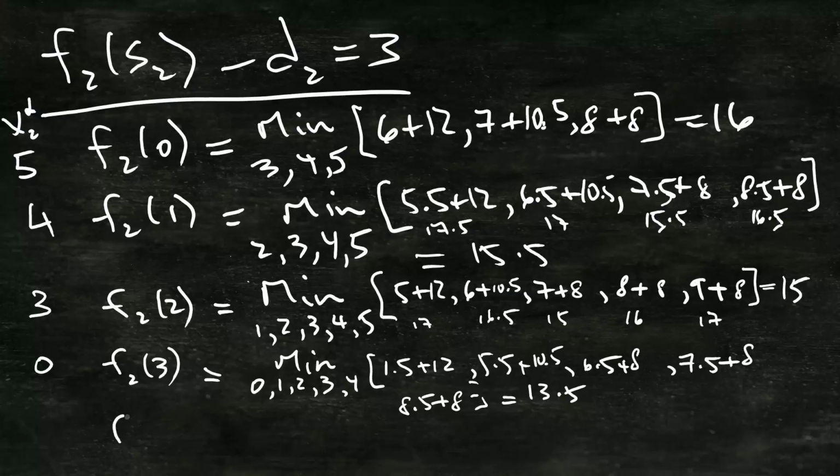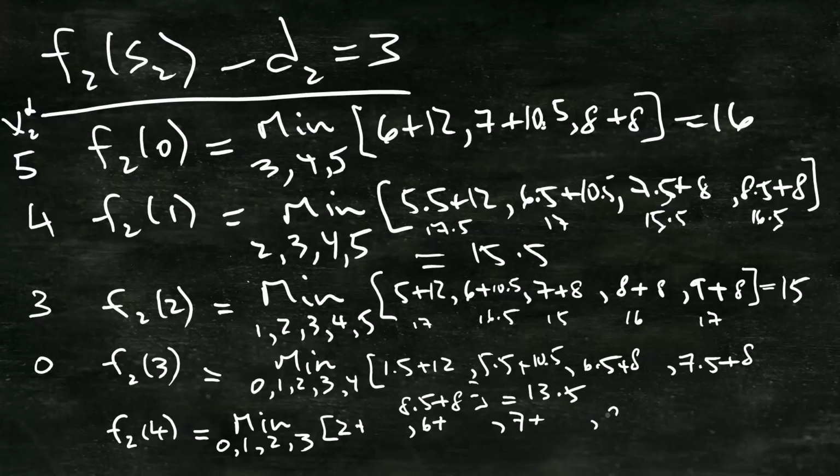And finally, if we have 4 units left in inventory, then we have the minimum of 0, 1, 2, 3. I don't think we can produce more than 3. If we produce 0, we still have 2 of inventory. If we produce 1, we'll have 4 and 2 is 6, 7, 8 plus.